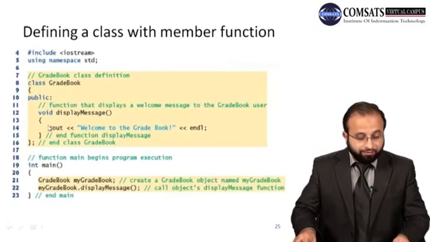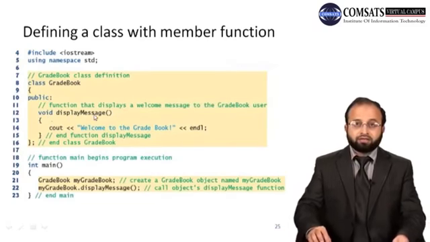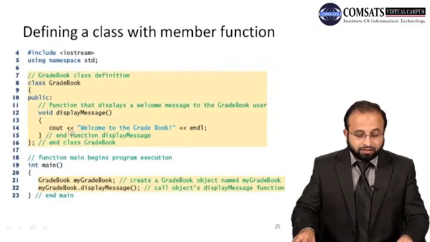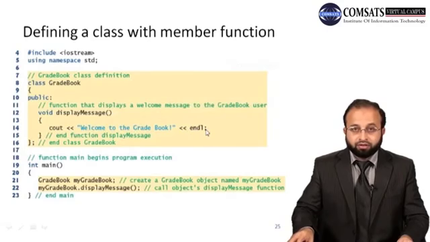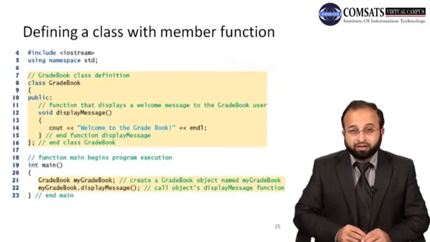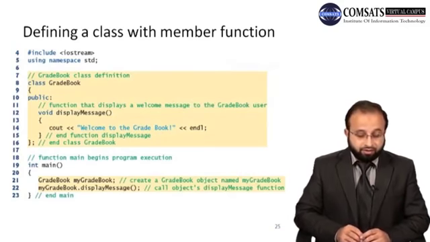Okay, so there is one function inside the class, and this is a very familiar function, void displayMessage. So displayMessage, then this is the opening bracket and closing bracket of the function, and there is one statement: cout, less than sign, less than sign, welcome to GradBook, and then a semicolon. Since every C or C++ statement ends at a semicolon.